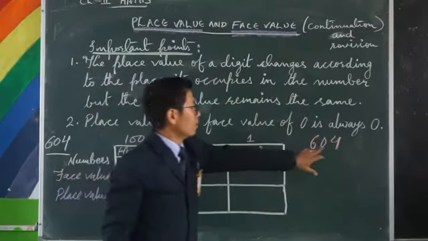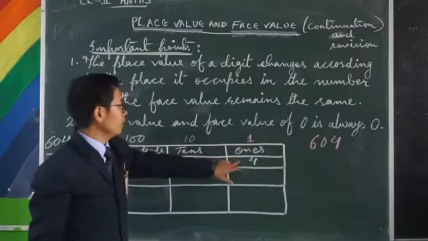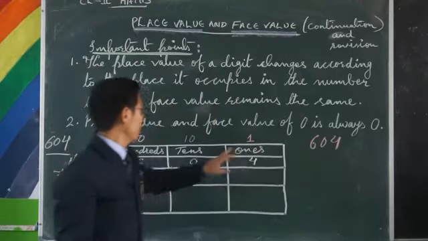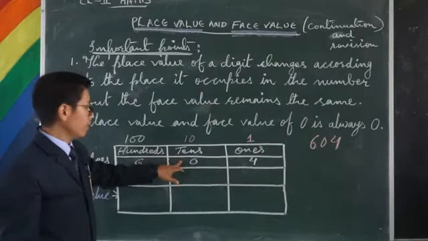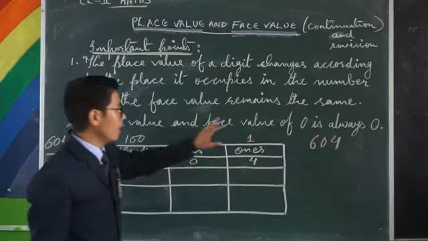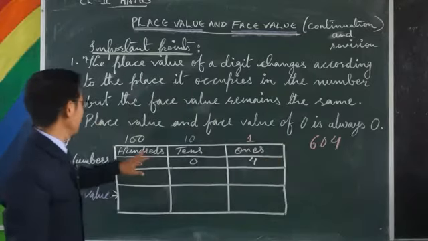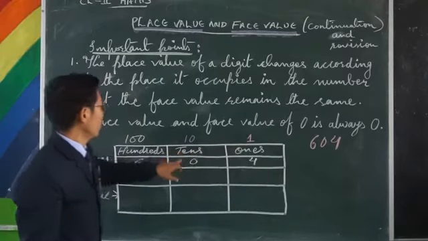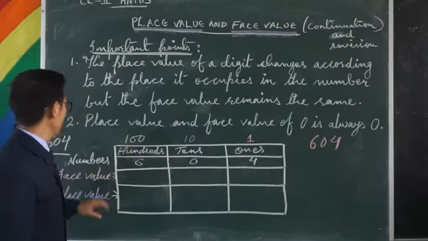You can see number 4 is in the ones position. Number 0 is in the tens position, and number 6 is in the hundreds position. So ones, tens, and then hundreds.